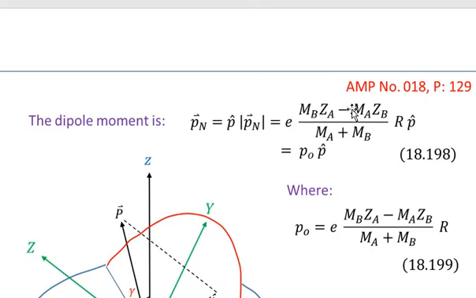This will give you the value of P naught, or the absolute value of Pn, and then the P unit vector is what I have written, where P naught is separately written over here, charge, and then the value of R. This value of R is multiplied by this ratio in order to produce the correct value of R between the two nuclei. So putting P naught over here, I have this value of Pn, which is the dipole moment for the nuclear system.